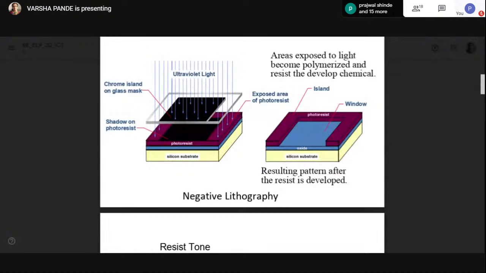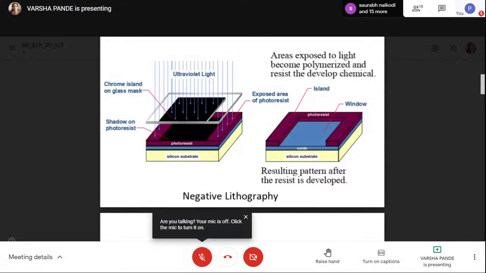Then the exposure is removed, and the developer solution is applied. The area which is not exposed to the ultraviolet light, which is in the liquid form, will be removed by the developer solution. The area which is hard will remain as it is.